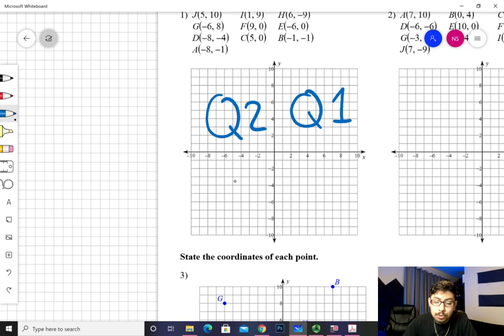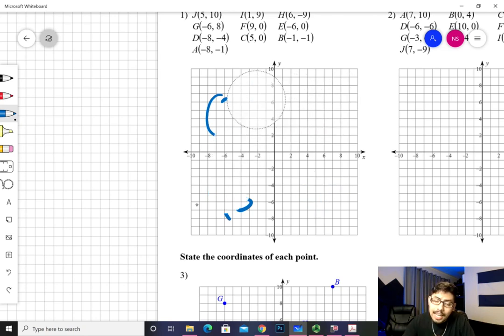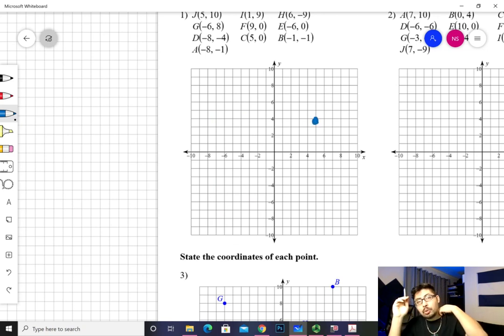This is quadrant 2, quadrant 3, quadrant 4. Why do you need to know that? Just for the off chance that the GED math test gives you a point somewhere, and they're not even asking you the coordinates of that point. They could literally just ask you what quadrant the point is located in. And obviously you need to know that this is quadrant 1.